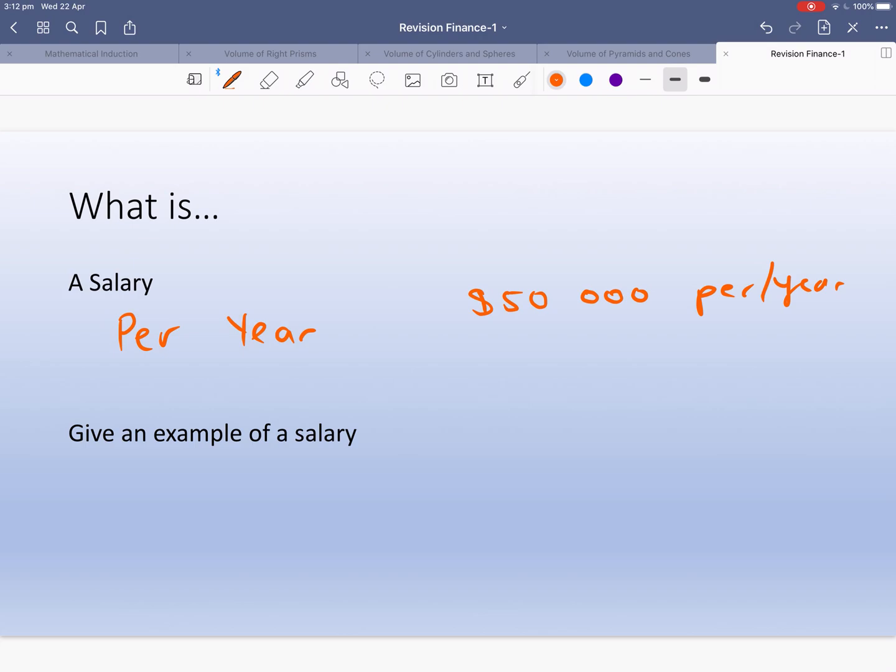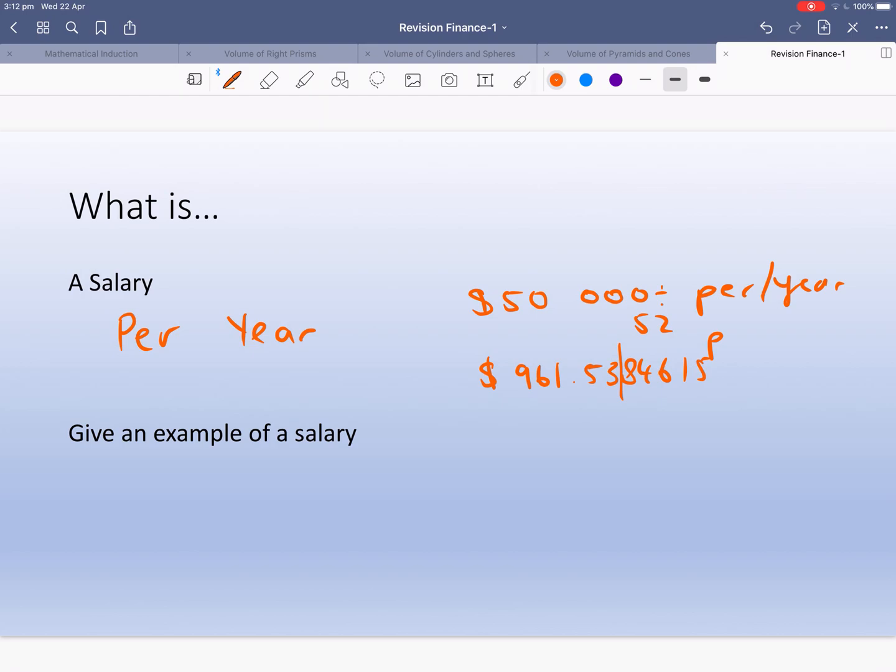A lot of professionals get paid this per year, and then you just have to find how much do I get paid per week. We'll have to divide this by 52, so I get 50,000 divided by 52, and you get roughly 961.5384615.